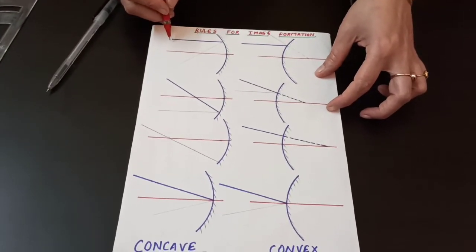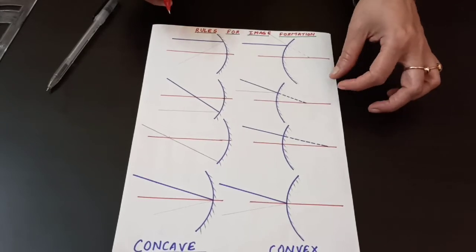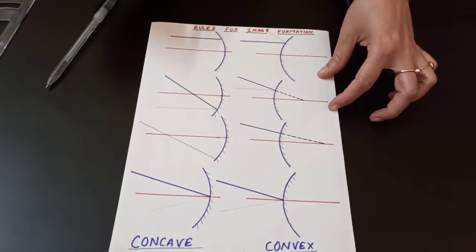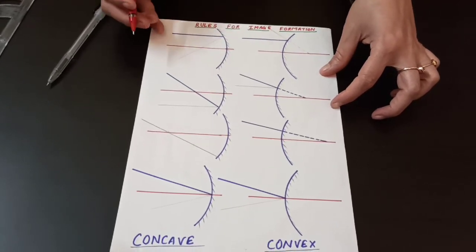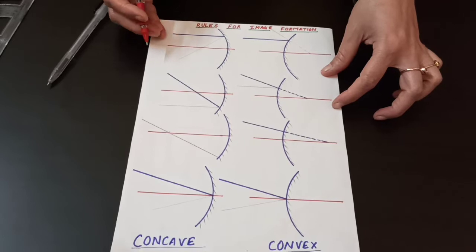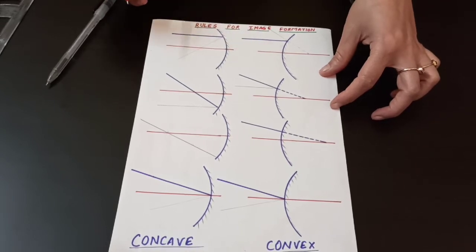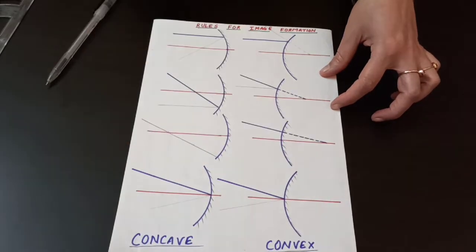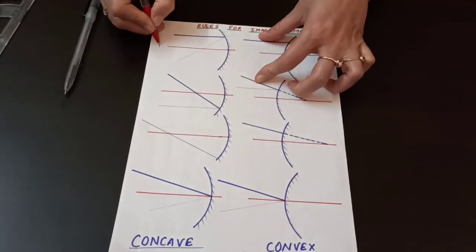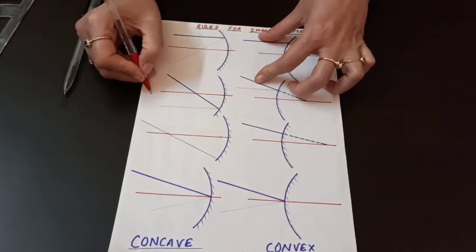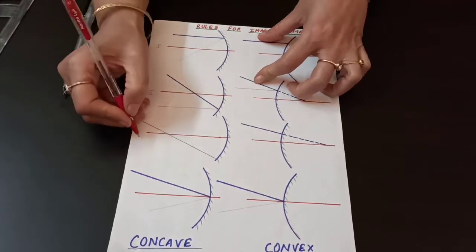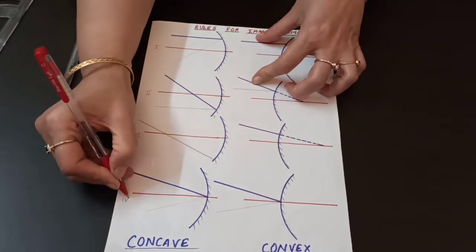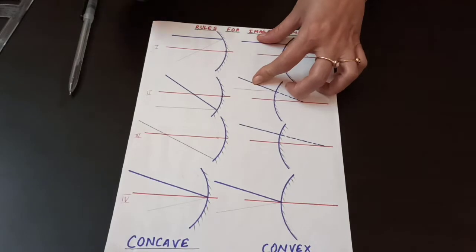Basically, from a source of light, there are thousands of light rays emerging, but we do not consider all the light rays at once. We take 4 types of light rays. Say this is case 1, this is case 2, this is case 3, and this is case 4.